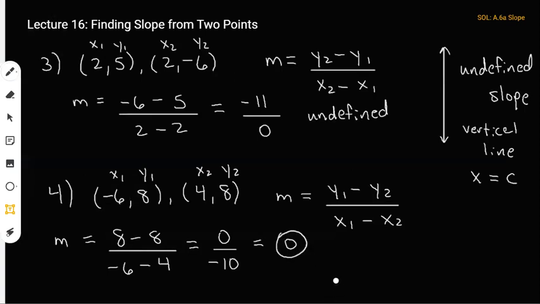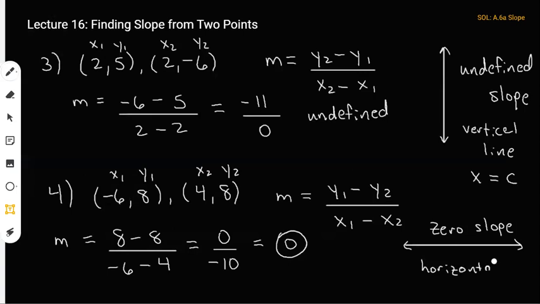Now, whenever your slope is 0, your line isn't going to be vertical, but it's going to be the opposite. It's going to be horizontal. So it'll look like this. This is a line with 0 slope. Whenever you have a 0 slope, that means you're going to have a horizontal line.